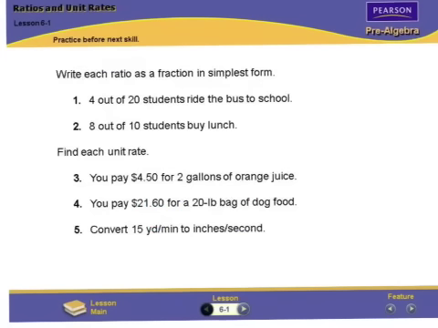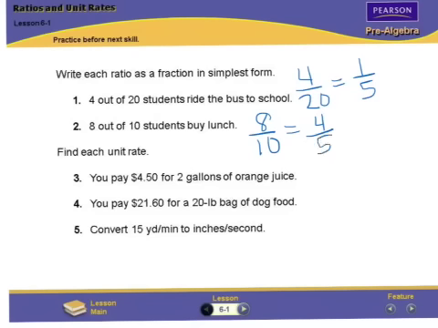Okay, so let's look at this next one. Here we can write each ratio as a fraction, and we're doing this in simplest form. So if we're talking about 4 out of 20, that would be 1 to 5. If we're talking about 8 out of 10, then that would be 4 to 5.